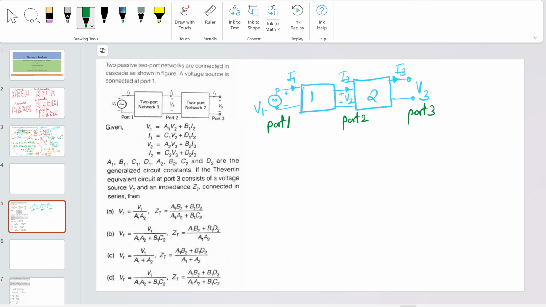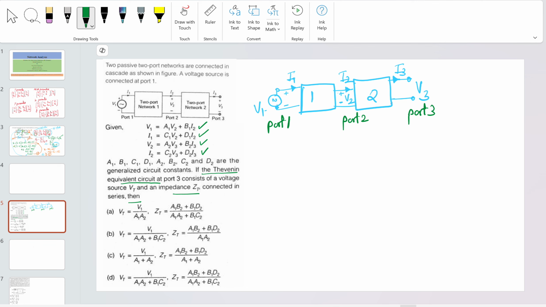And the equations for this are written in the ABCD parameter form, so V1 and I1 could be written in terms of V2 and I2. We have already seen the network theorems. So here also you have to find the Thevenin equivalent at port 3, consisting of the voltage source VT and the impedance ZT.